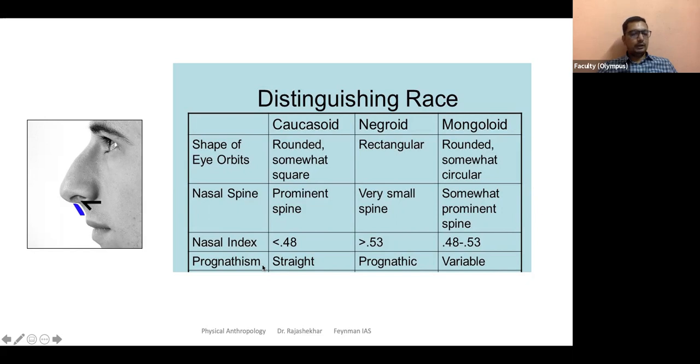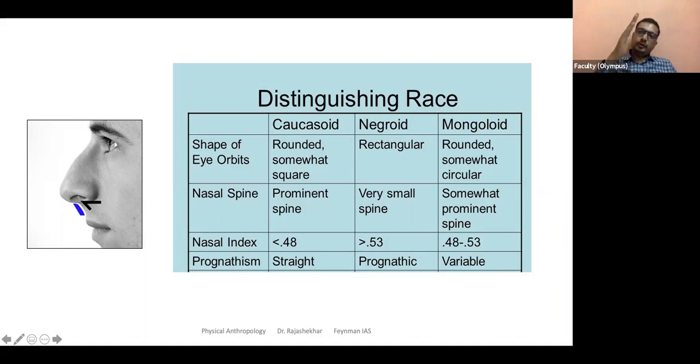And one distinguishing feature that you can see in these people is the overall face shape, especially with respect to the jaws. Prognathism, the protruding nature.